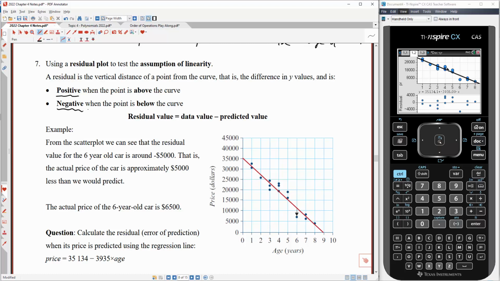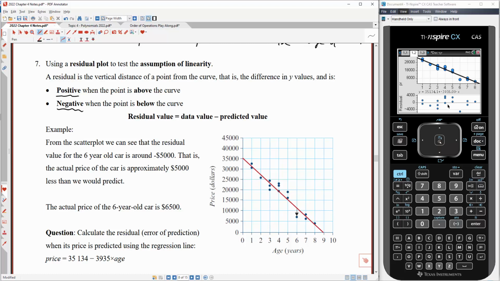Now when we go to the scatter plot and have a look at it, we can see here that there's a pretty random scatter of points both above and below the line. And when that happens, we can assume that the original points were linearly related.